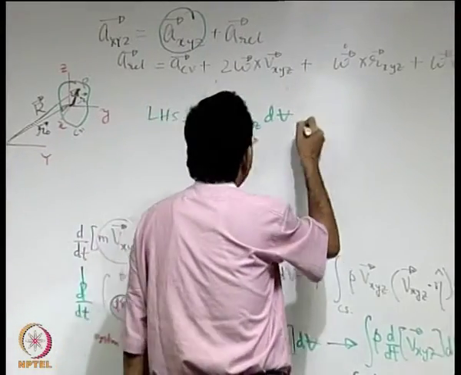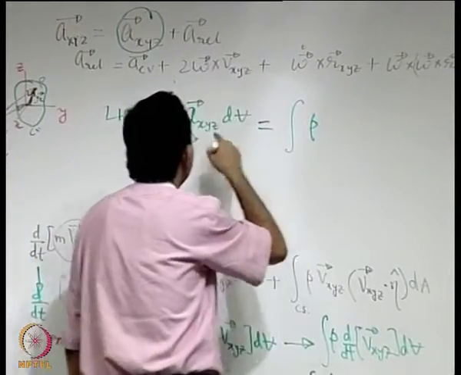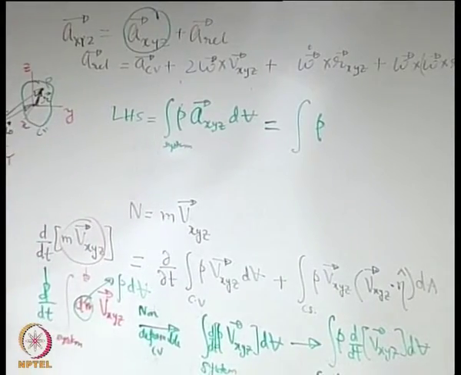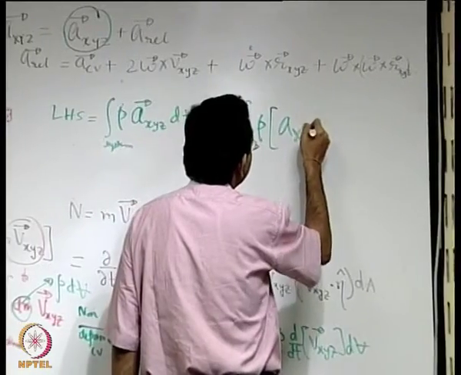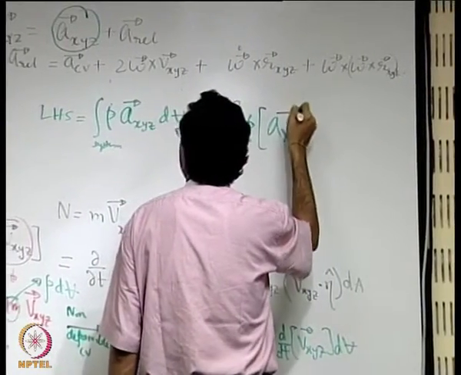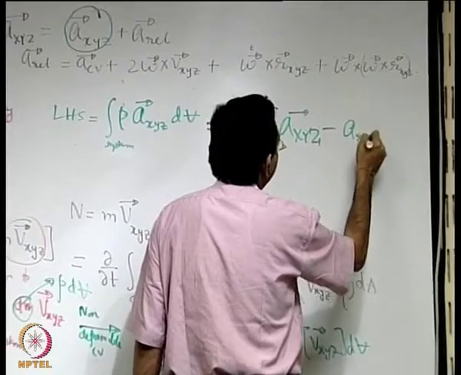So, we will write this as integral of rho, in place of a small xyz we will write a capital XYZ, minus a relative.